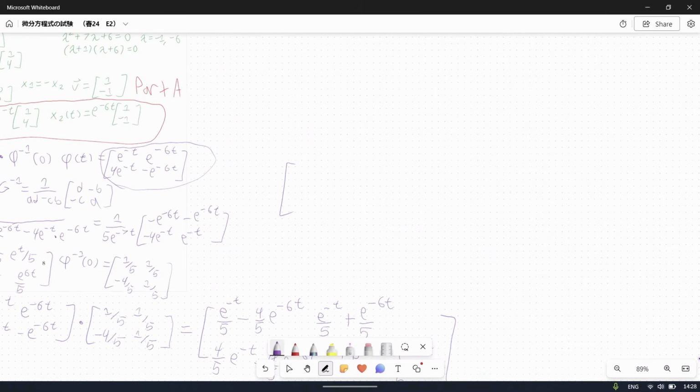We end up with e to the at is going to be equal to e to the negative t plus 4e to the negative 6t over 5, and then e to the negative t minus e to the negative 6t over 5 again.